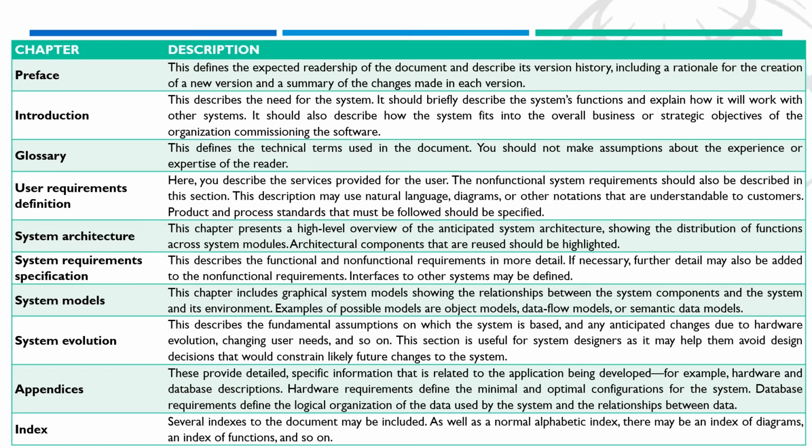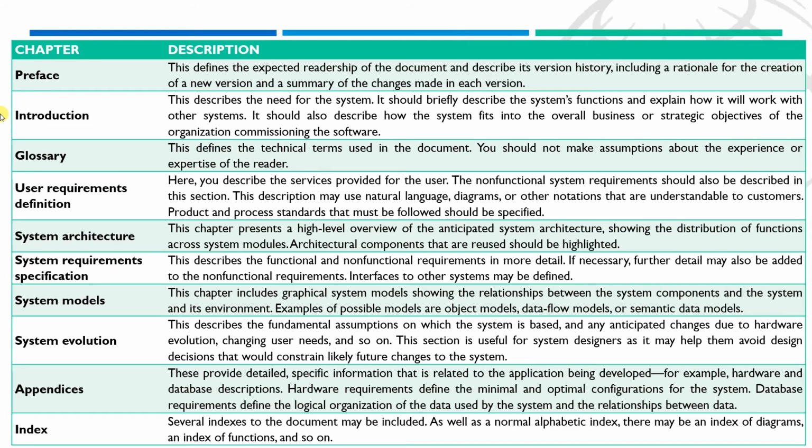This information helps the maintainers of the system and allows designers to include support for future system features. And we have some chapters and their descriptions. We have a preface, introduction, glossary, user requirements definition, system architecture, system requirements specification, system models, system evolution, appendices, and the index.